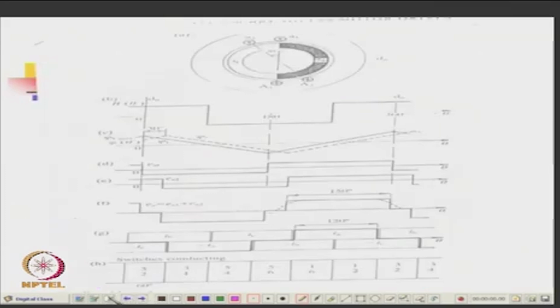In the last lecture we said that if you have each phase has 2 coils, it will have a voltage induced, and the voltage induced in that winding connected in series, we said this will be the voltage which will be induced.